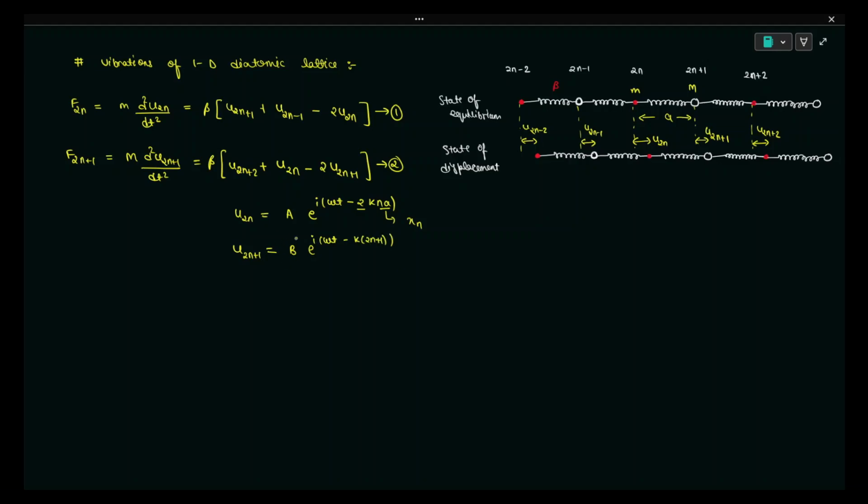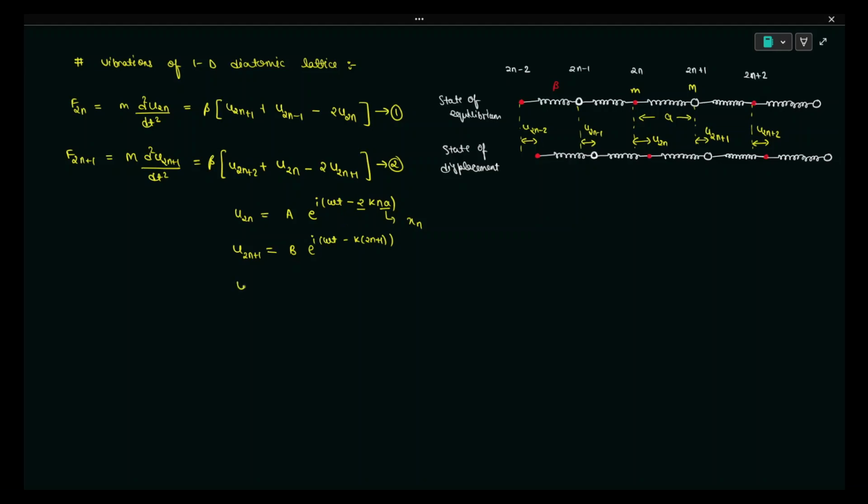Notice here that I have assumed the amplitudes of these two solutions to be different for the vibration of the small mass and the bigger mass, while I have assumed that the vibration frequency of both types of atoms is the same, because both types of atoms participate in the same wave motion, while the amplitudes A and B may be different because of different masses.